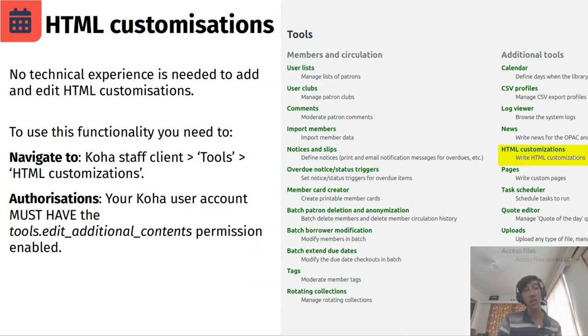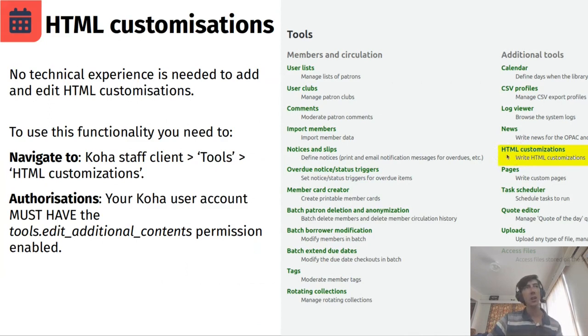Well, the feature HTML customizations is edited and managed on the Koha staff client, and it's under the tools module, and you'll see it under additional tools on the right-hand side. So we've got highlighted in yellow here, HTML customizations.